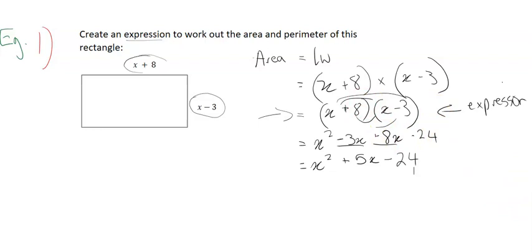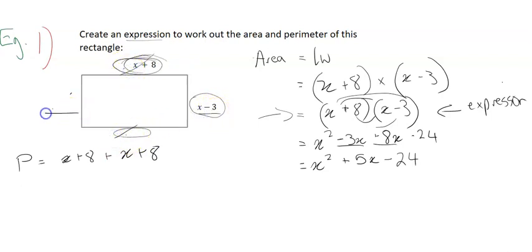Okay, the perimeter. Perimeter is all sides added together. So you would end up with x plus 8 plus, because it's all plus, we don't really need to put the brackets, but you can, it's not a problem. x plus 8. You know that there's 2 of them, that's x plus 8 and that's x plus 8, so that's taking those 2 out.